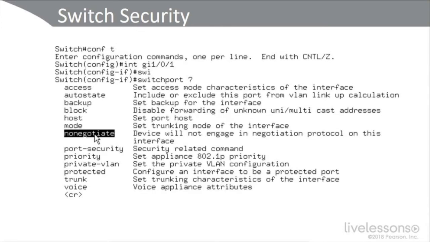Continuing on, something else you want to do on our switch ports is turn off any auto negotiation, okay? So we want to do switchport nonegotiate. We do not want the access port or even a trunk port to allow it to become a trunk port. We want to hard code our trunk ports as trunk ports and hard code our access ports as access ports. So we don't want any negotiation of dynamic trunking protocol or anything else going on, because that's going to open us up to vulnerabilities.